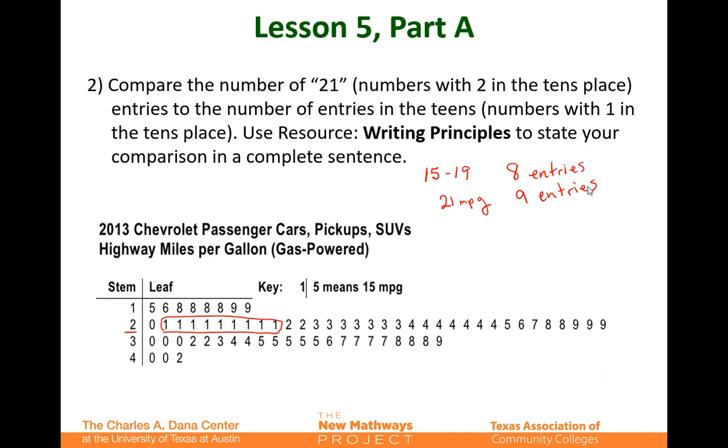If we wanted to compare them, we could say something along the lines of only in 2013, only 8 Chevrolet models of vehicles had gasoline usage that was in the teens, whereas there were 9 entries that got 21 miles per gallon, or something. I'm not going to worry too much about writing sentences right now.